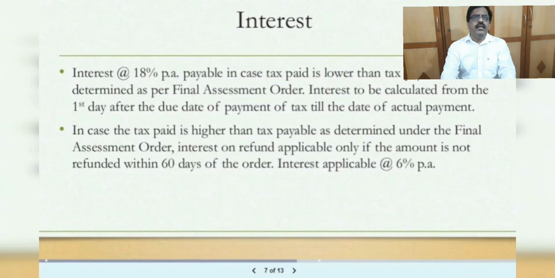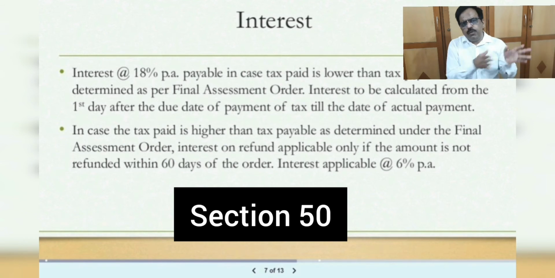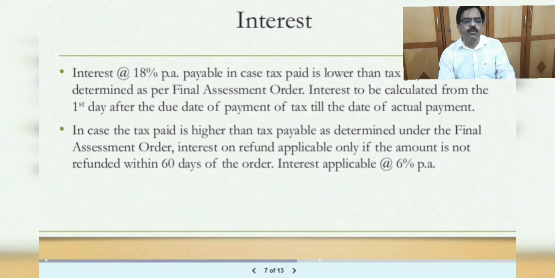If at all we have to pay tax, suppose there is a delay in payment of tax, for whatever the delayed period is, we have to pay interest at the rate of 18% per annum for the delayed period.